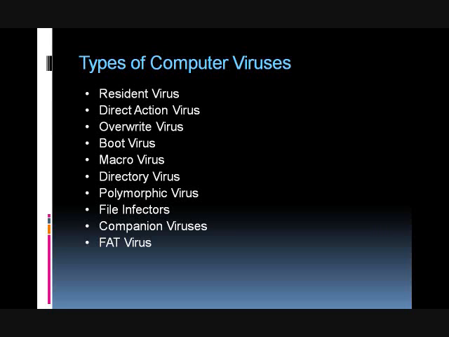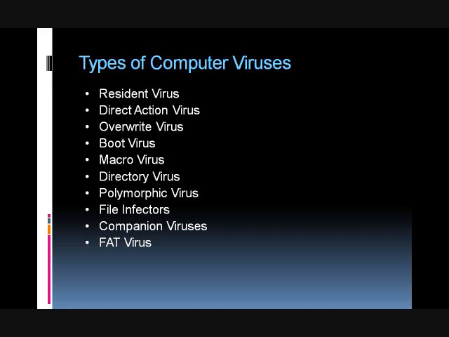And then we have macro viruses which infect files that are created using certain applications or programs that contain macros. And we also have directory viruses which change the paths that indicate the location of a file. And then we also have the polymorphic viruses which morph themselves each time they infect a system.